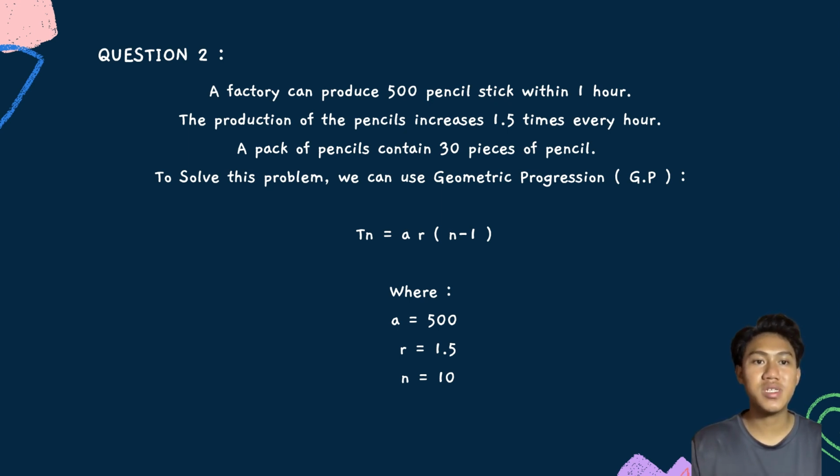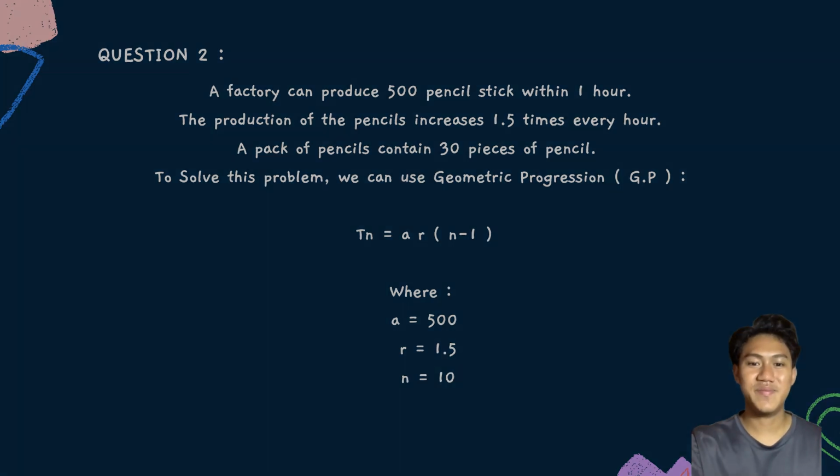The production of pencil is 1.5 times, so R is the ratio. The ratio is 1.5. And how many pencils are produced in 10 hours? So the time is n. In this question, they ask us to find the value of Tn, and that's all.